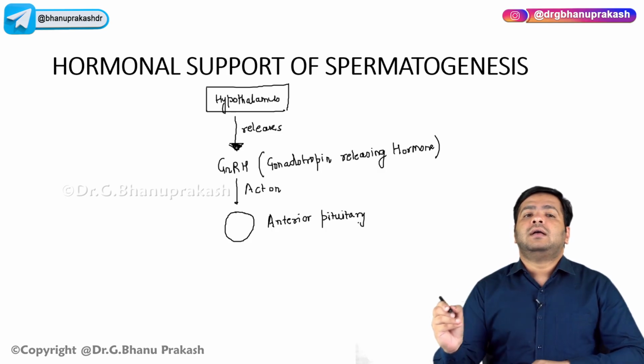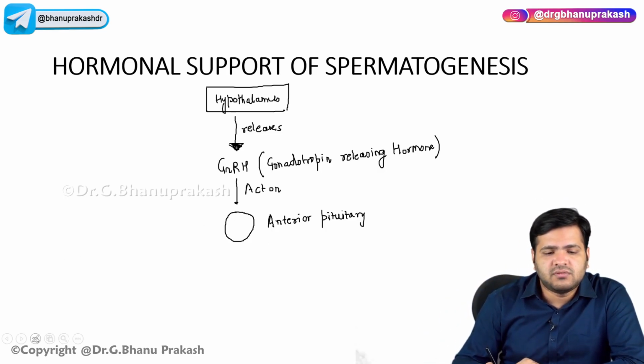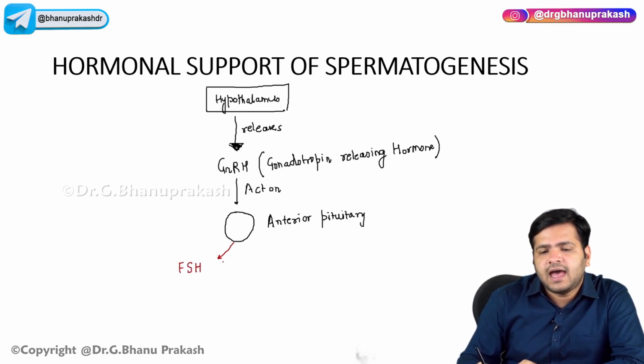Now the anterior pituitary will release two hormones. One is FSH and the other one is LH.